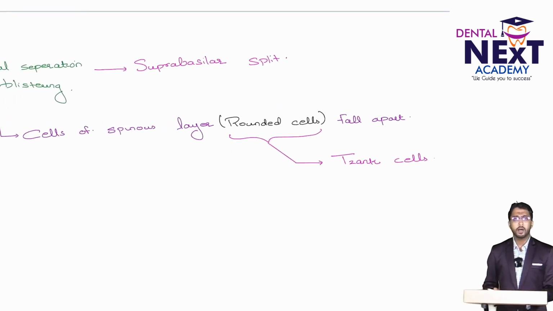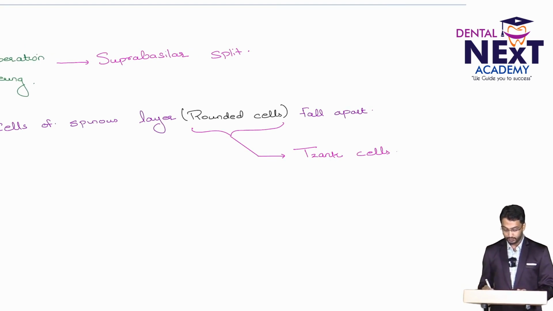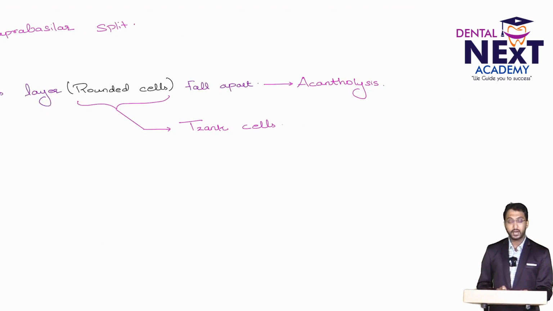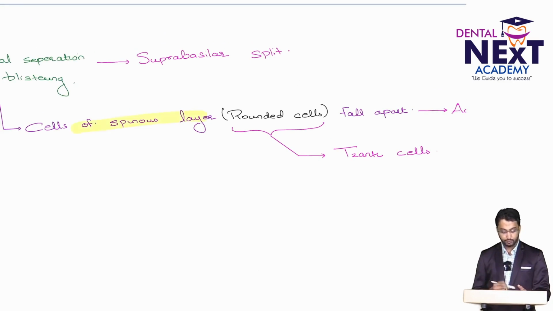So the cells of the spinous layer, which are round cells, fall apart, they fall away. Sometimes they separately fall away or they entirely go away. If they fall apart a little bit, then you get what is known as acantholysis. That is, the spinous layer is falling apart.